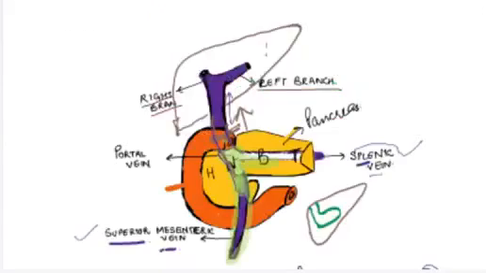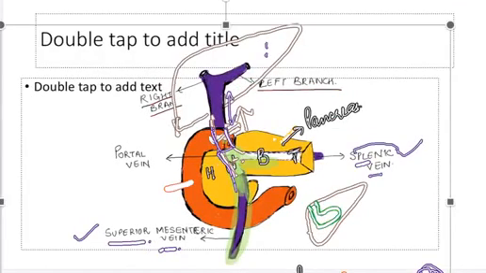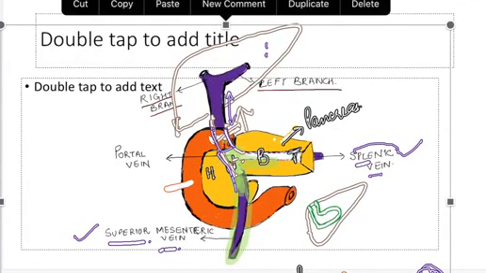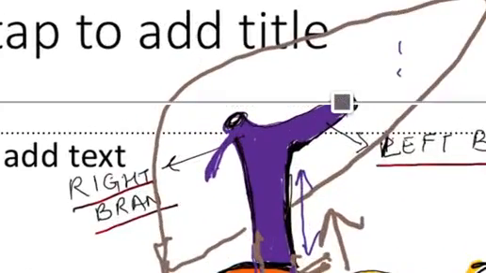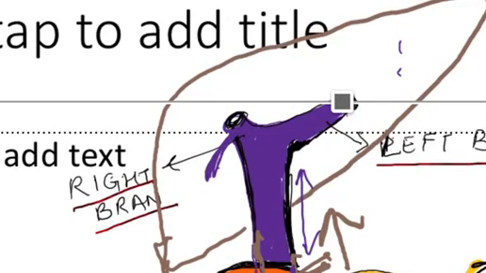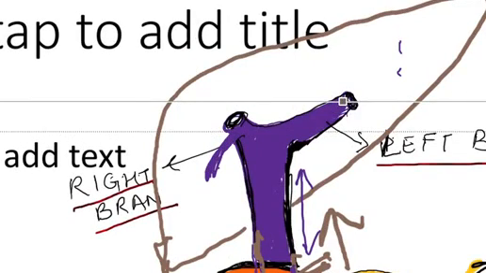So if I draw in the same diagram, before entering into the right lobe of the liver, the right branch of the portal vein receives a branch known as the cystic vein.